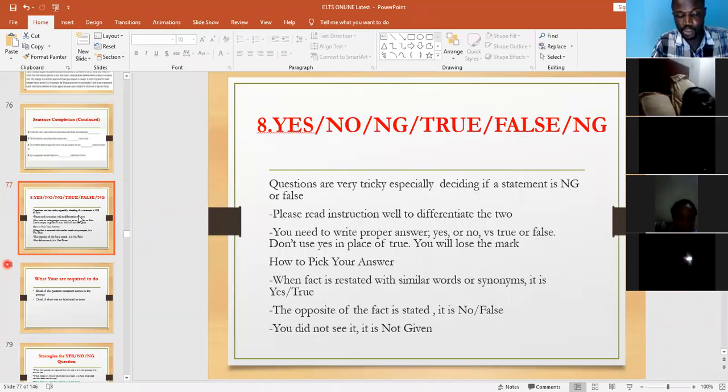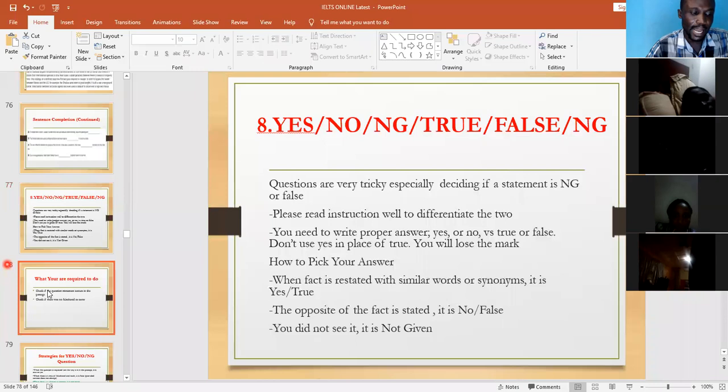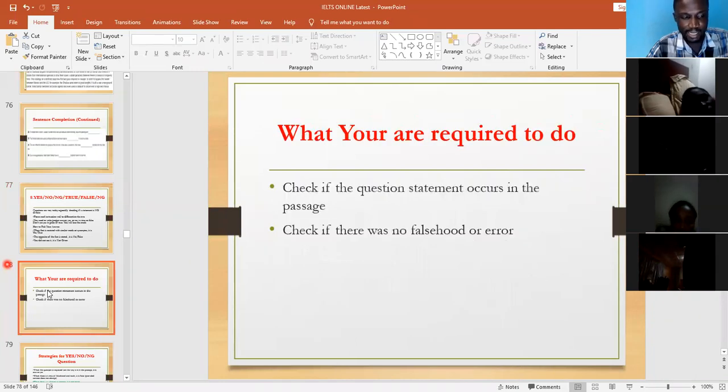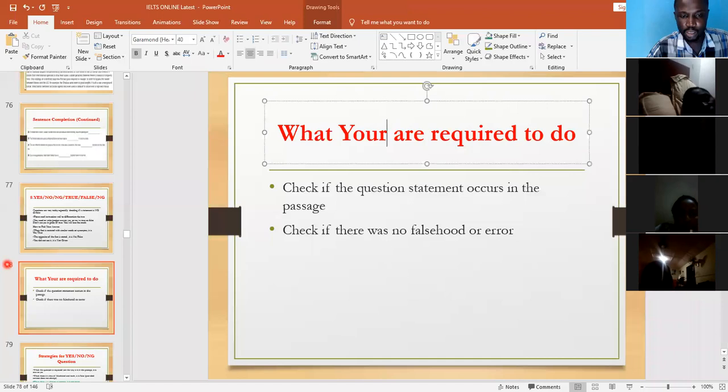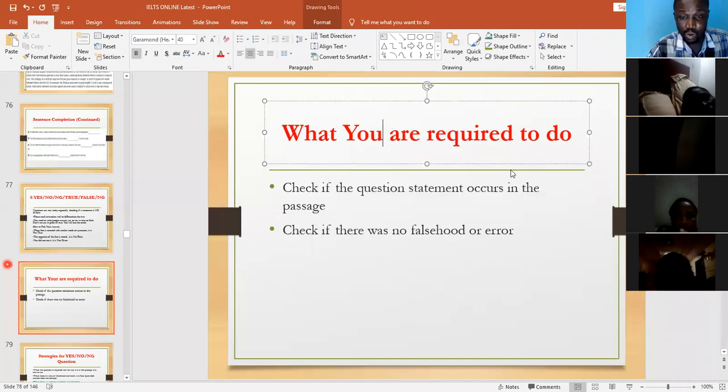But before I do that, I will transition to the second slide. After it, there are 2 things that you are required to do. Number 1 is check if the question statement occurs in the passage.